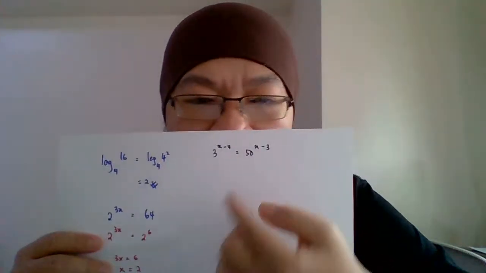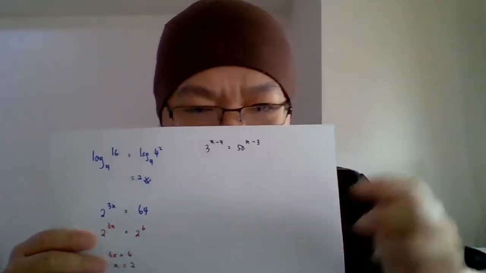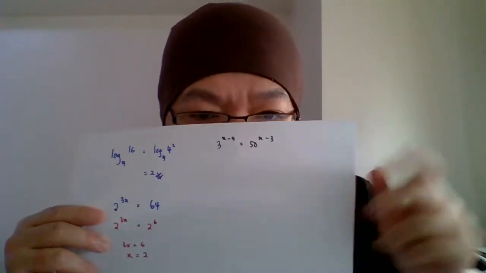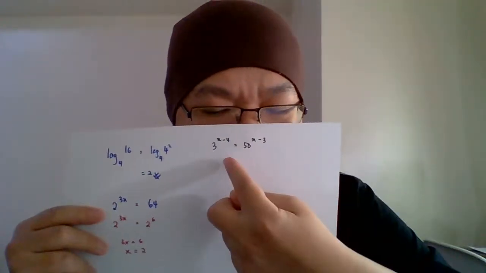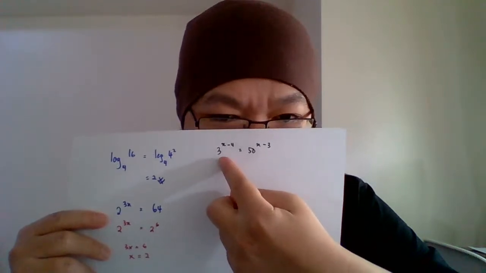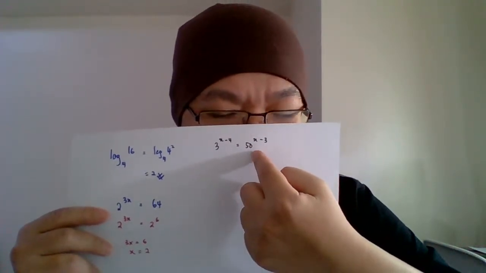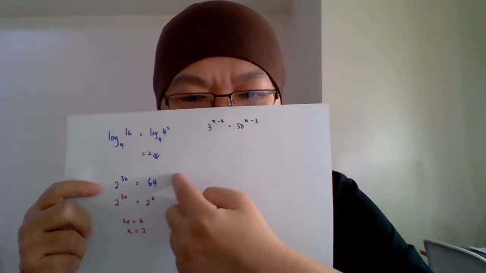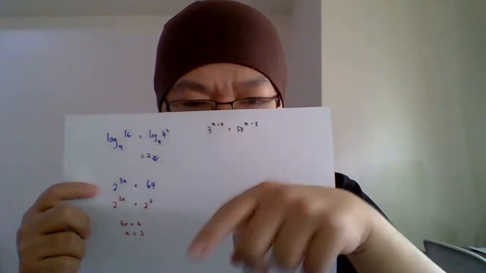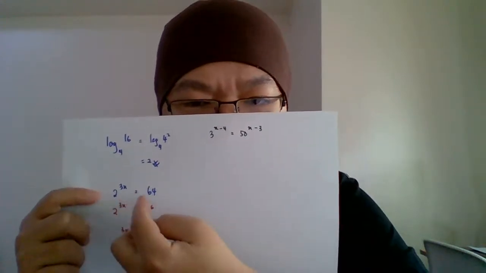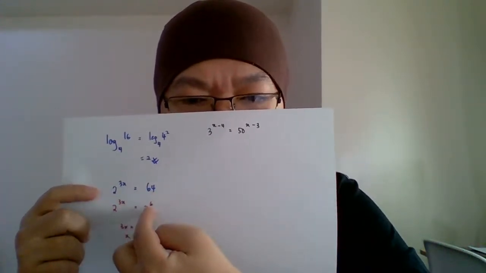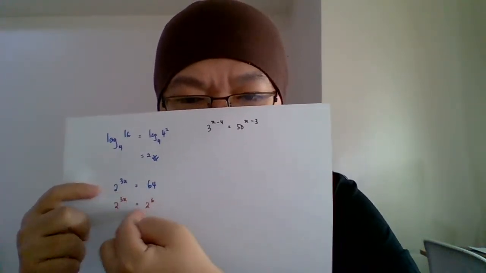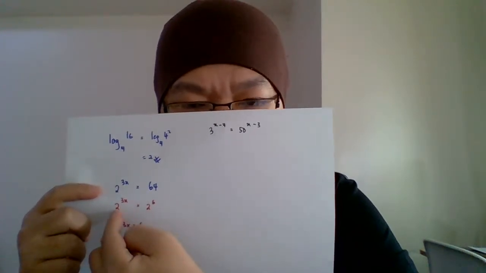How do we solve this problem? Number one, look at your base. The base on the left is the simplest base, 3, but on your right is 50. When we learned chapter 4.1, we tried to convert the 64 to become 2 power something, so that it is similar to the left base.